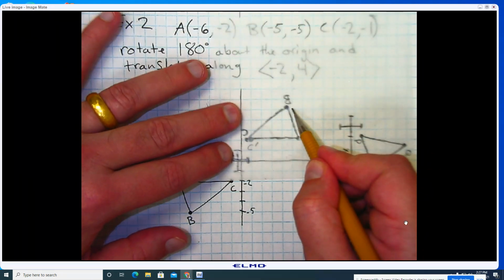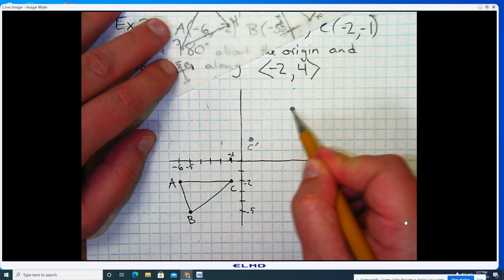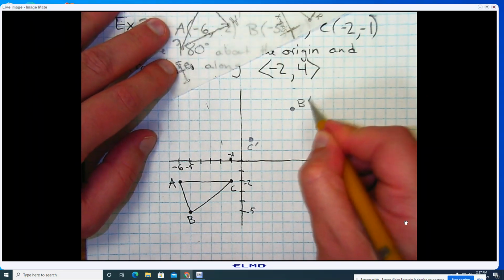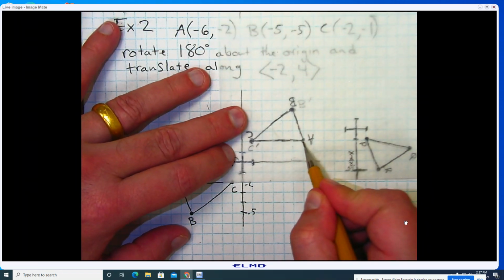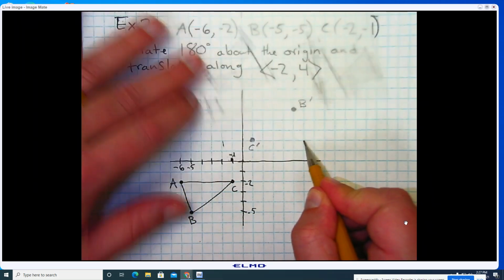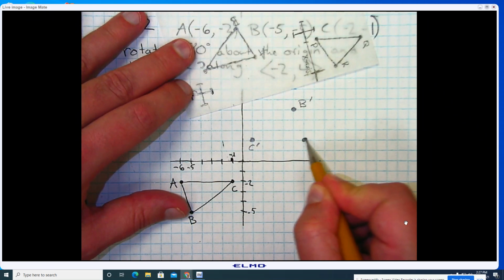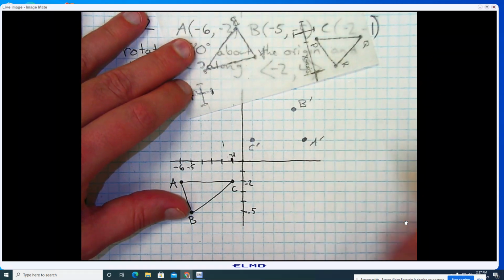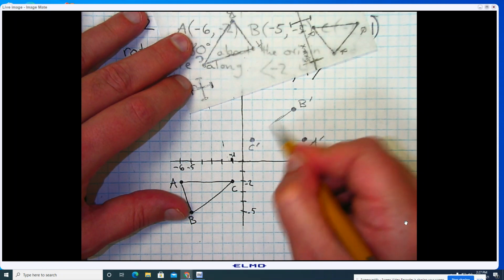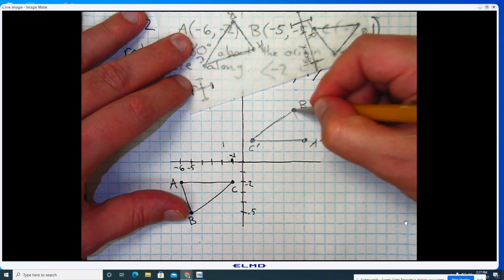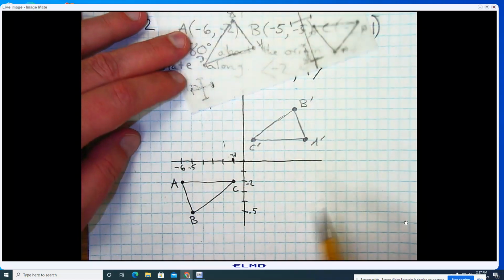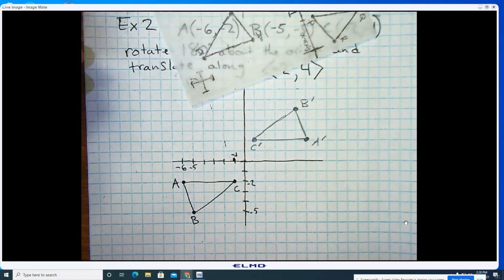Here's our B, there's our B prime. And here's A, so here's our A prime. Go ahead and connect them. And then just recognize visually, does that look like it's been rotated around the origin?